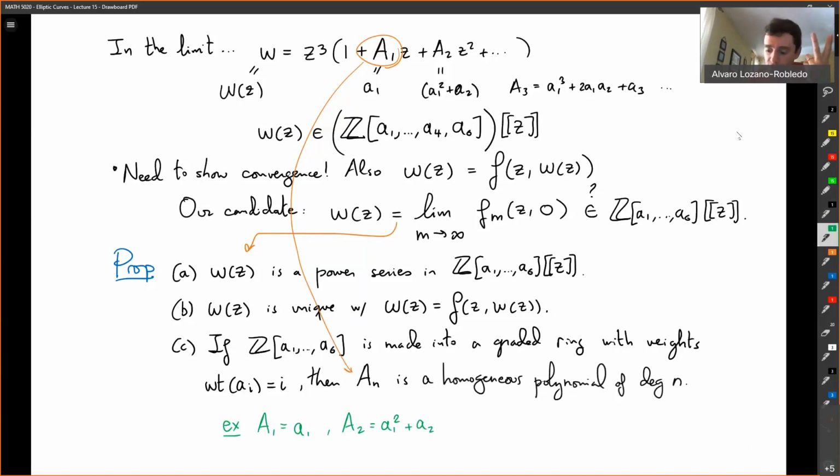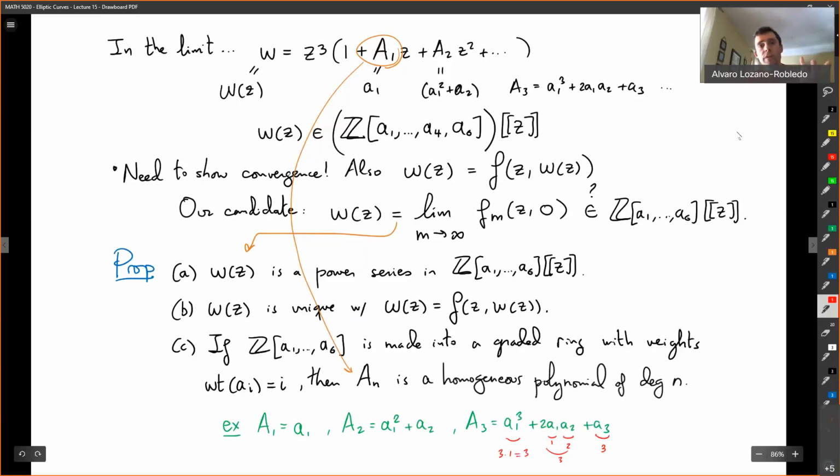A3 is a1 cubed plus 2a1a2 plus a3. This has weight 3: a1a2 has weight 2 and weight 1, so weight 3, and a1 cubed has 1 times 3, which is 3. So it is also homogeneous of degree 3.